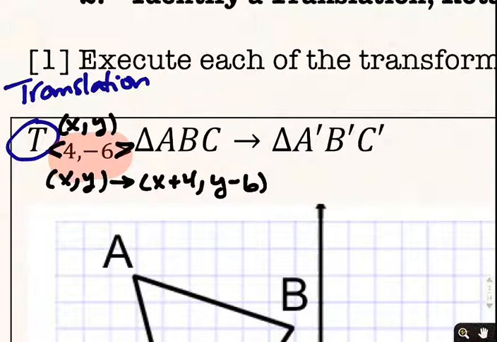If I'm adding in one direction and subtracting in the other, what do I really have? Well, in this case, I have a translation. What you may have called a translation in the past is just a slide. If you think about moving an x value to the right and down, you're actually just sliding.